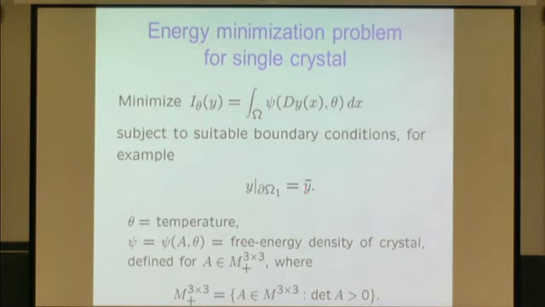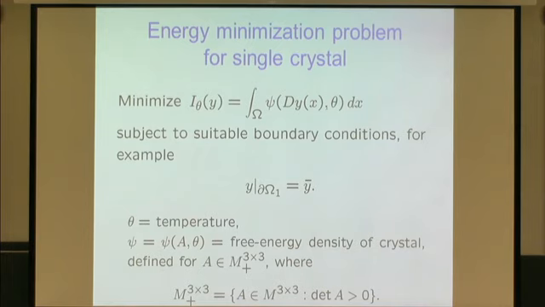Okay, now the deformation gradient at each point x can be identified with a 3x3 matrix, and in fact we would like it to have positive determinant to avoid interpenetration of matter. So the free energy density is defined for 3x3 matrices with positive determinant, and this is the notation I use with a plus here to indicate that the matrices have positive determinant, and it will depend on the temperature.